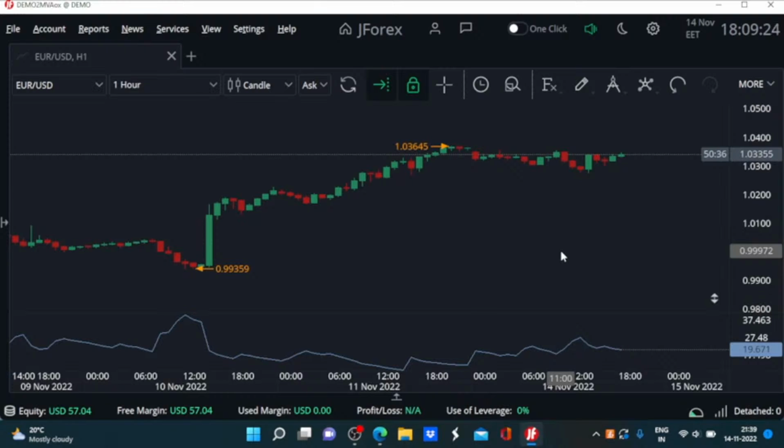We consider the output value whenever it is above 25 to be indicative of the strength of the bearish momentum to be quite good, and if it is below 25 then that means more or less it is to be considered sideways, and we should wait for the momentum to get stronger, and whenever the momentum picks up, that might be a better time to get involved for the initiation of the new trade.